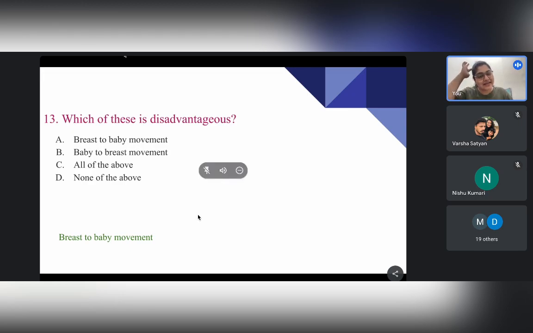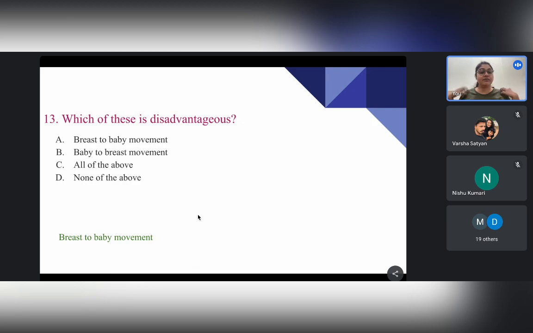The question says which of these is disadvantageous. One is breast to baby movement and one is baby to breast movement. It is a thumb rule that the baby should be adjusted according to the breast position. Whenever the mother is breastfeeding the child, the breast shouldn't be positioned according to the stagnant position of the baby.